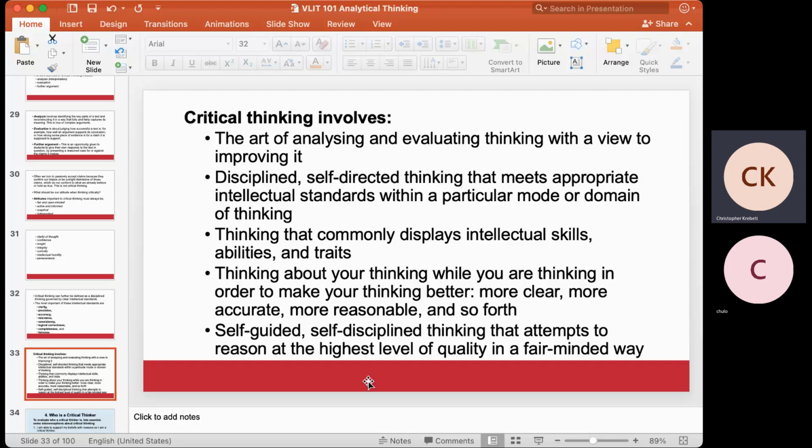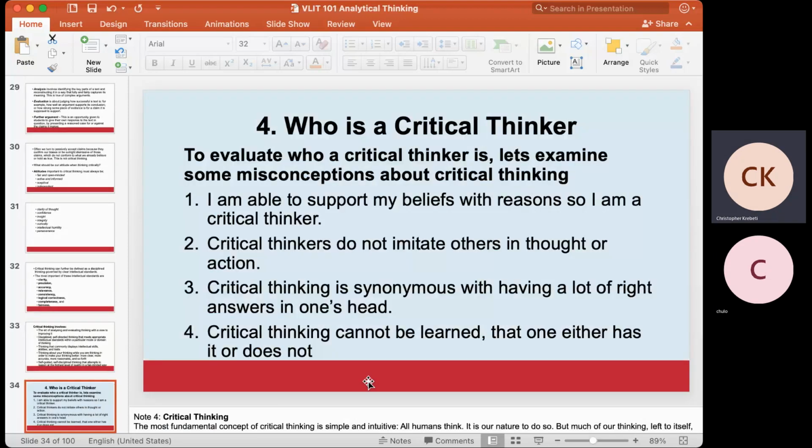No, as a critical thinker, you have to think about what you are saying. Be guided, and be guided that you can make an error. Making an error will help you discipline your thinking, making sure that your thinking is at the highest level of quality and in a fair-minded way. You will not be biased, and you will not tilt towards a particular side.